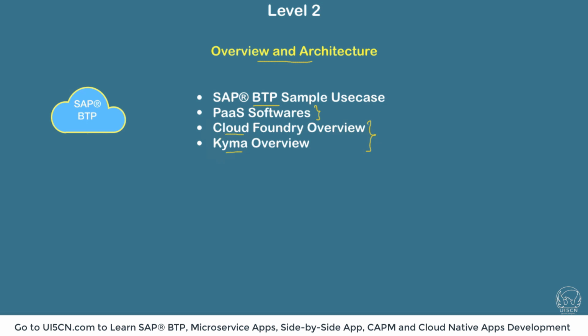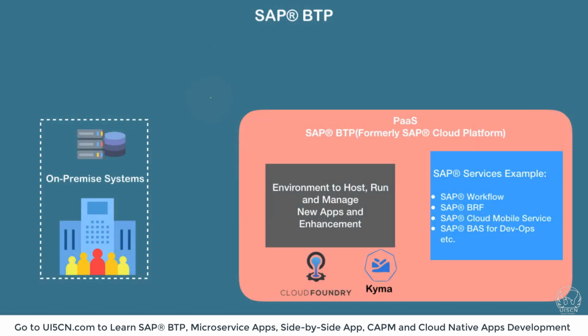Now this level 2 will be required for you to get a basic understanding of these two PaaS solutions, and also to understand how the SAP BTP platform will be used by the customer or the user. So let's get started on this. We are already acquainted with this diagram which we discussed in the previous section.